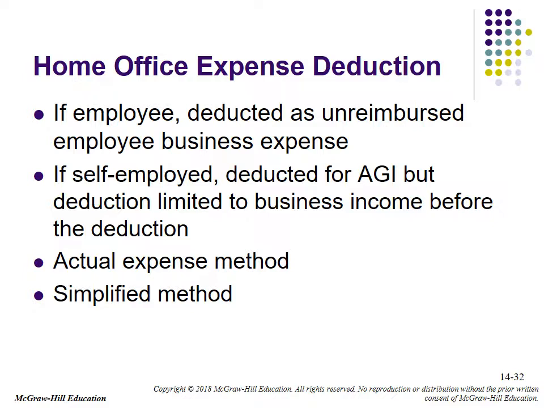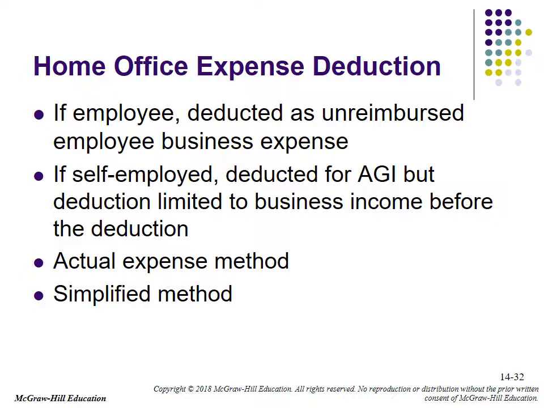For self-employed people, and by the way, that is considered a miscellaneous itemized deduction if you're allowed to take it as an employee. If you're self-employed, you deduct it for AGI, but, and this is key, it's on the Schedule C, and I'm just going to grab a Schedule C where you can take this deduction, and then you can note the line number so that you can check it out if you don't have one in front of you.